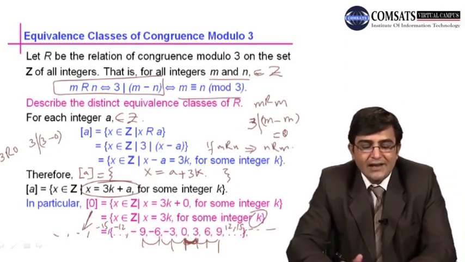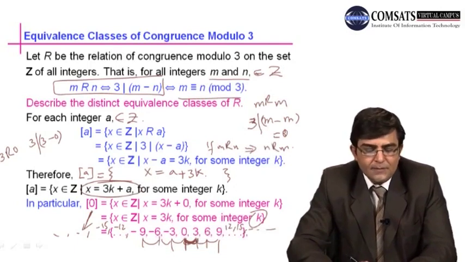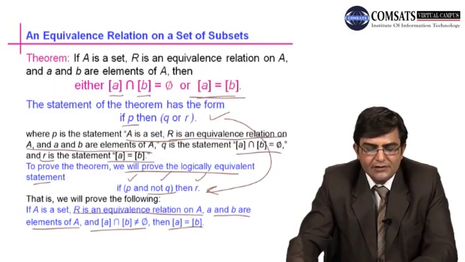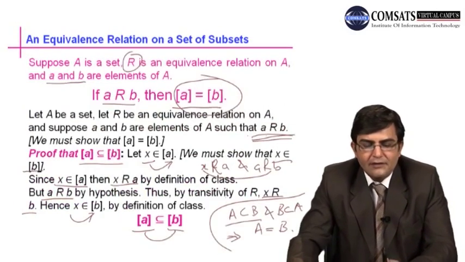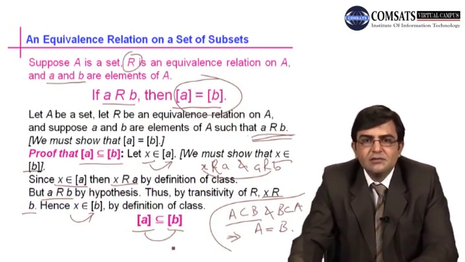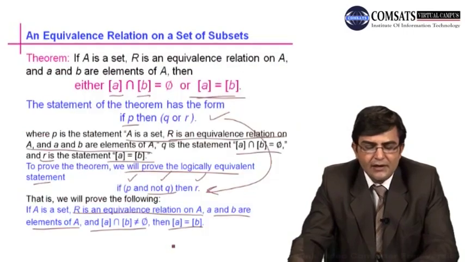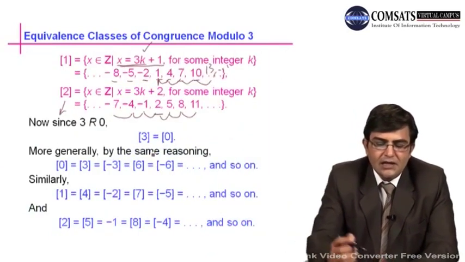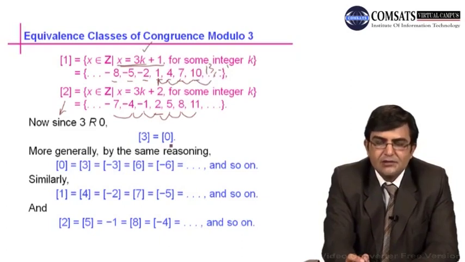So 3 and 0 are related. Therefore, the equivalence class of 3 and 0 must be the same by using the previous theorem we have discussed: if A is related to B, then the equivalence class of A must be equal to the equivalence class of B. So in this example of congruence modulo 3, 3 is related to 0. Therefore, the equivalence class of 3 must be equal to the equivalence class of 0.